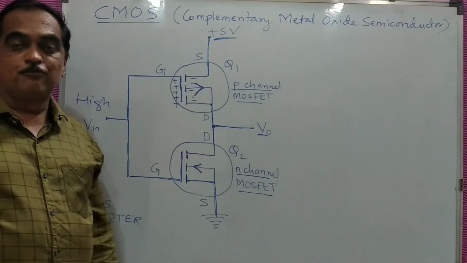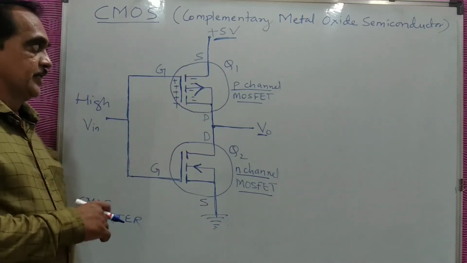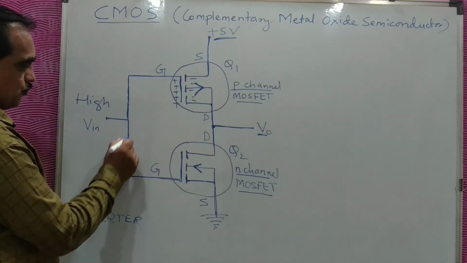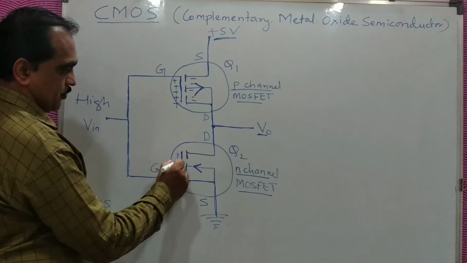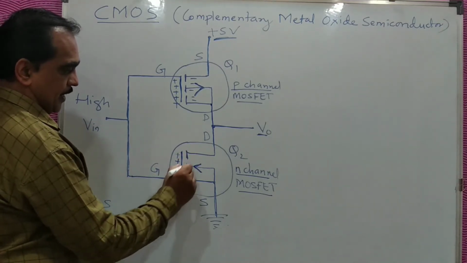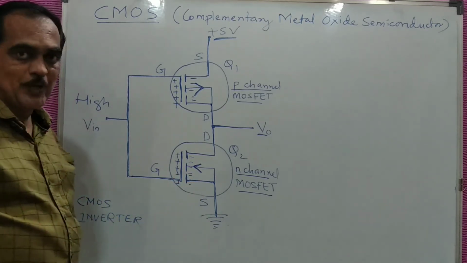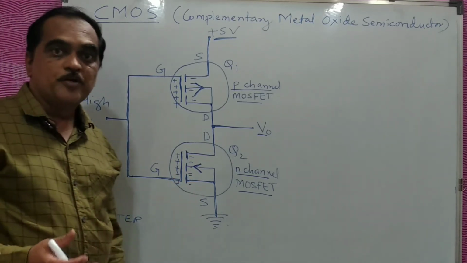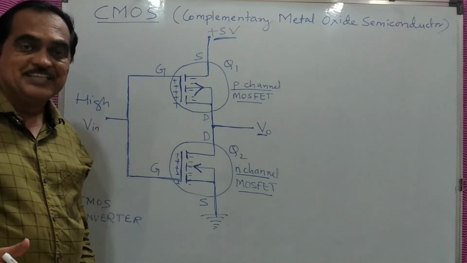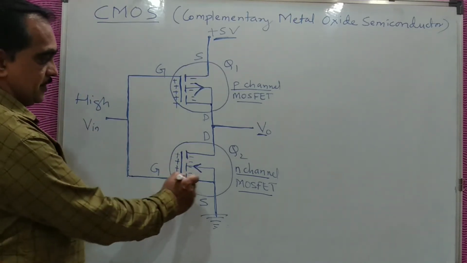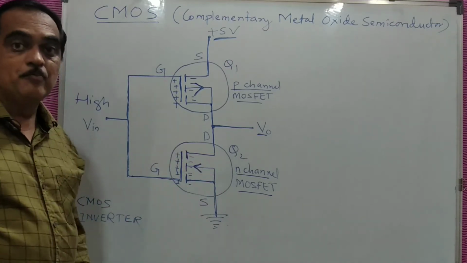There will be no current flowing from source to drain, and therefore this channel will be off. Now the same positive voltage goes here. The semiconductor part will become more negative, and you get more electrons to make a channel between source and drain, and more current starts flowing. That means the N channel MOSFET will become on.